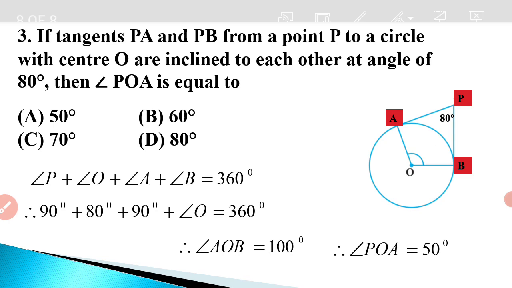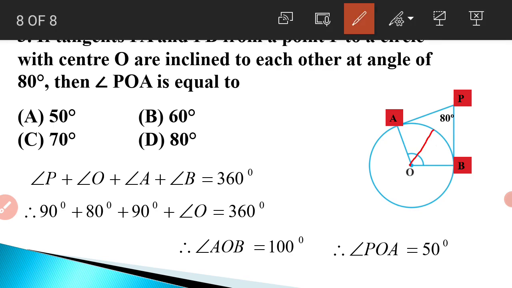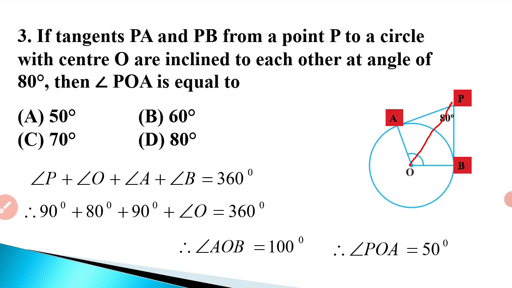If I join OP, I know that I get two congruent triangles, so angles PAO and PBO are congruent. This we have already proved. Using that property, we can say that angle POA will be equal to angle POB. That is why it is half of it. And we get to know that angle POA is equal to 50 degrees.